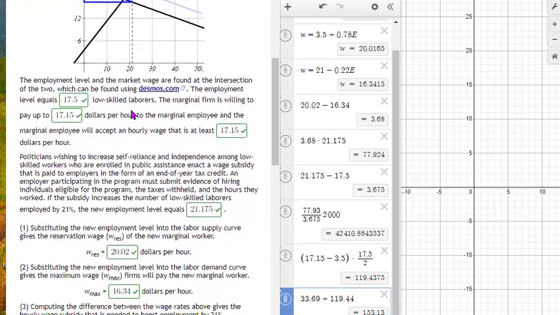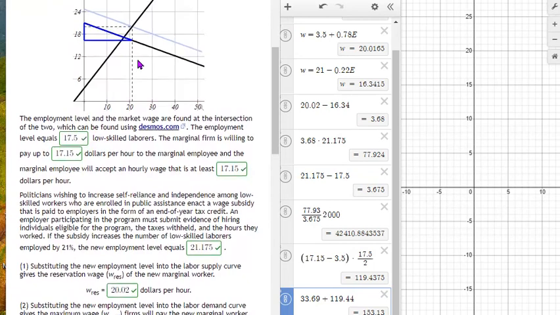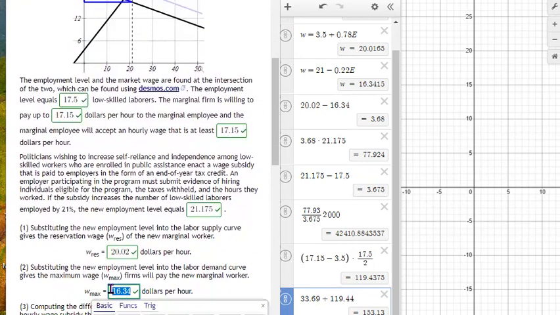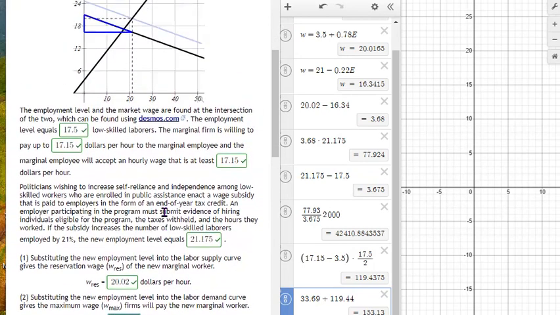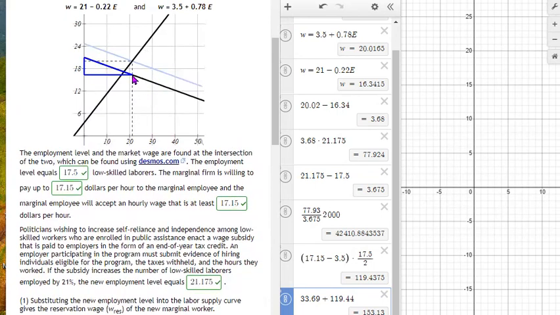They're willing to pay that last worker hired in the program just $16.34 an hour. So firm surplus does increase, right? It increases from the smaller triangle to the slightly bigger blue triangle.